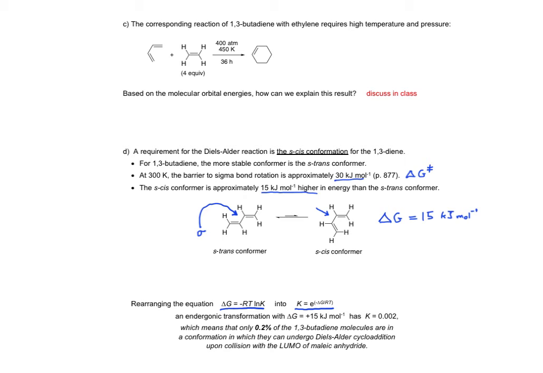At approximately room temperature, or 300 Kelvin, the equilibrium constant is very, very low. This number means that only 0.2% of a sample of butadiene is in a conformation that can undergo Diels Alder cycloaddition.